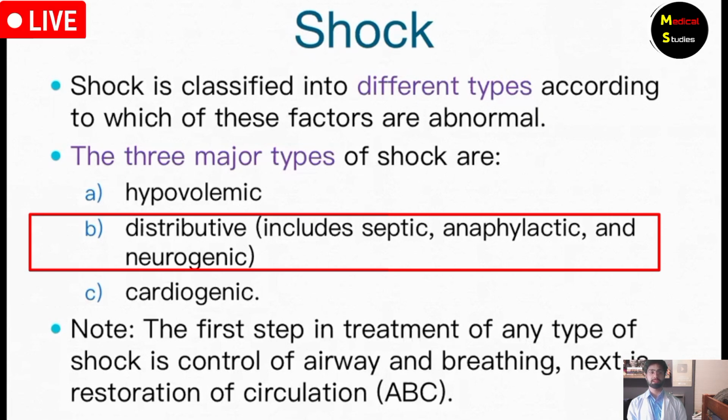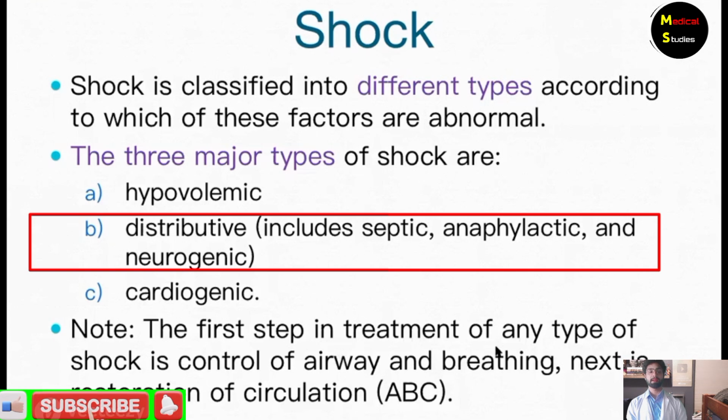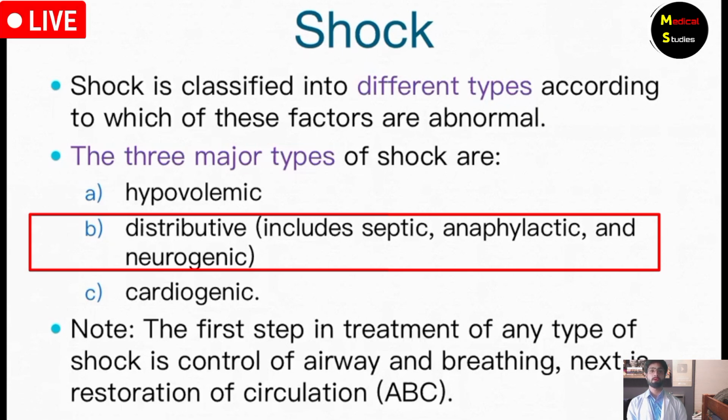Now, what is distributive shock? This question must be coming to all your minds. Distributive shock means the blood volume inside the blood vessels is adequate or enough, and sometimes more than normal, but the blood is not present inside the arteries. The blood is present towards the periphery, especially in the veins, or those arterial systems are dilated and the blood collects there.